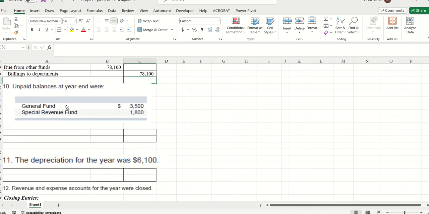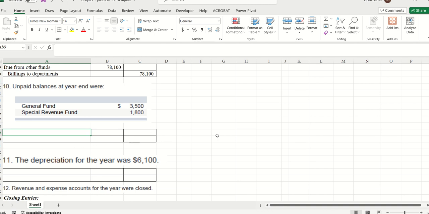And unpaid balances at year end were general fund 3,500, special revenue fund 1,800. So unpaid balances at year end were 3,500 and 1,800.